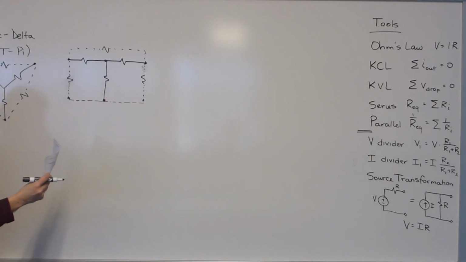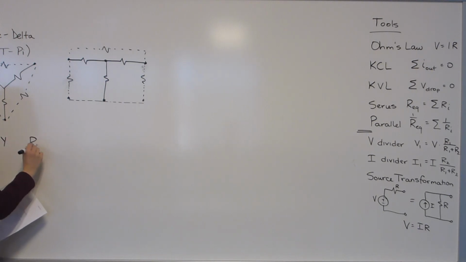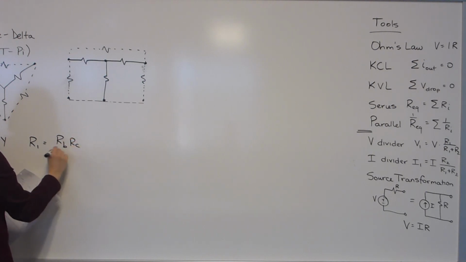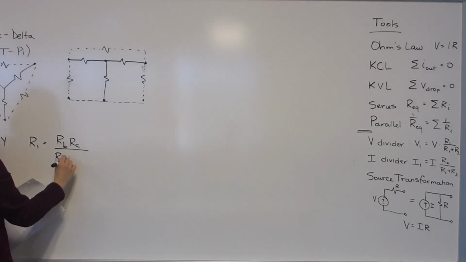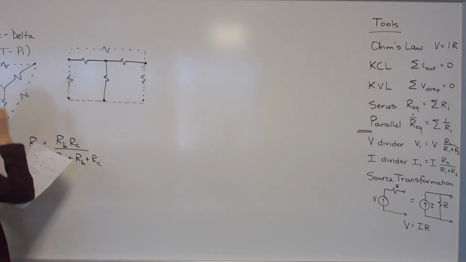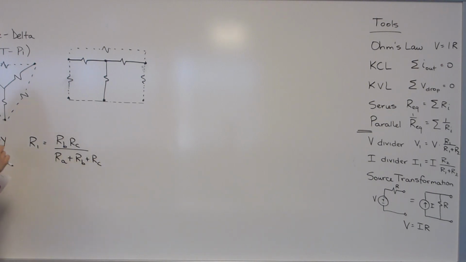Okay, the equations for this are a little bit messy, so let me give them to you. So delta to Y: if you start with a delta and you go to a Y, you're going to use these. Let me write out the equations and then label some things. Let me get the correct orientation for the letters.